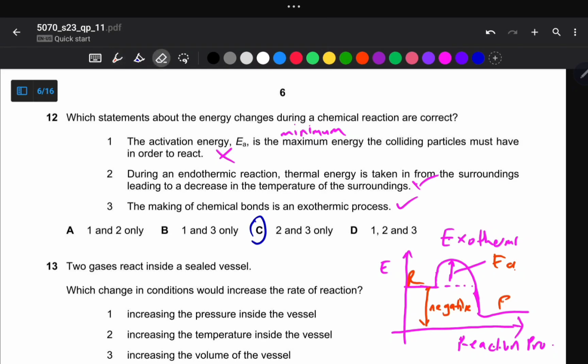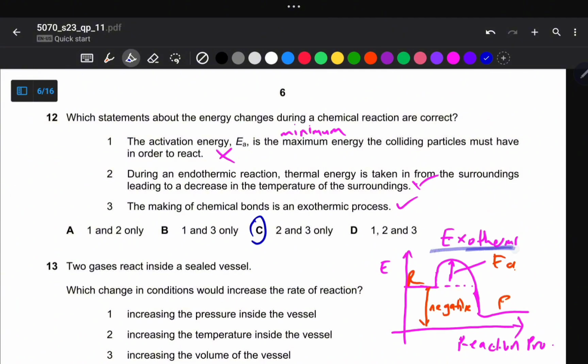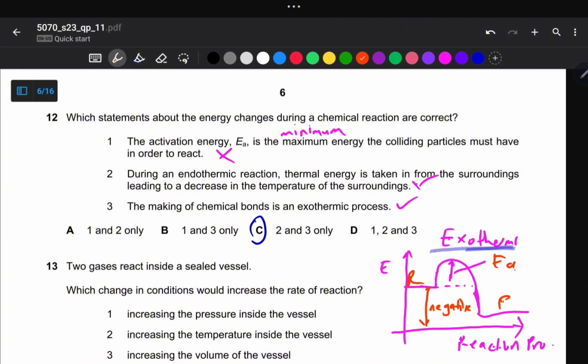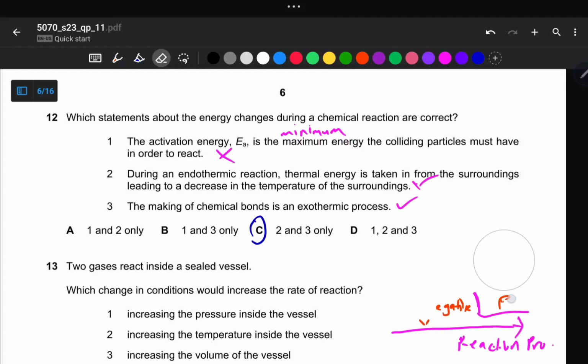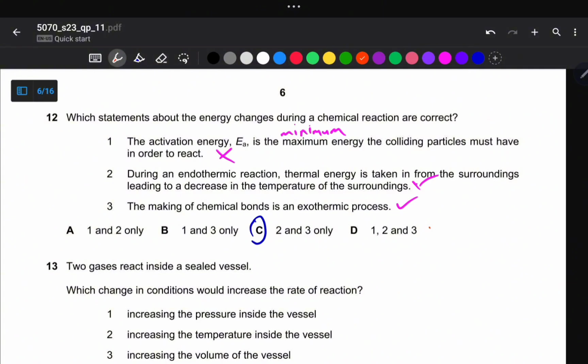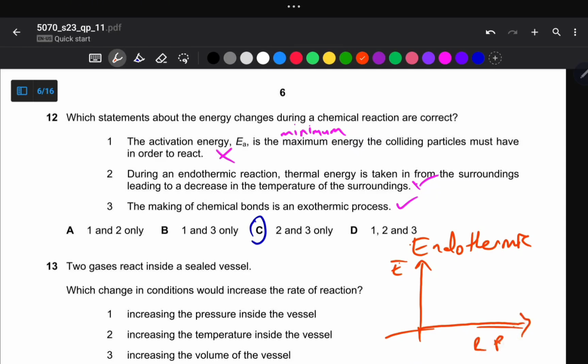This one was for the exothermic reaction. I'm going to show you the one for the endothermic reaction. So for endothermic, let me write endothermic. Here is the diagram. You've got energy, and here reaction progression. I will start with the reactants.